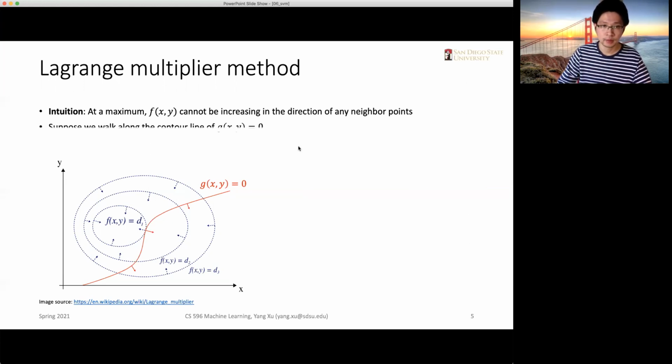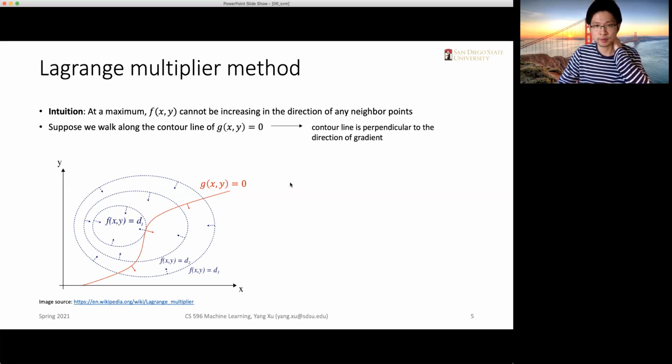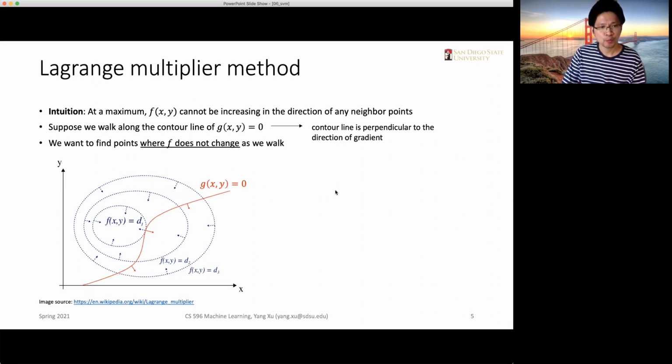So suppose that we are working along the contour lines of this constraint function. The contour lines are perpendicular to the direction of gradients. We basically want to find the points where the function f does not change as we walk, and that is the point where the maximum has been reached.